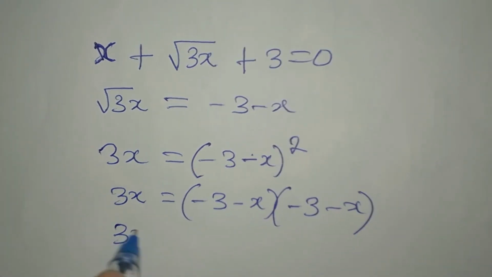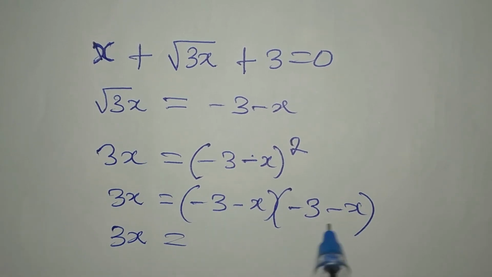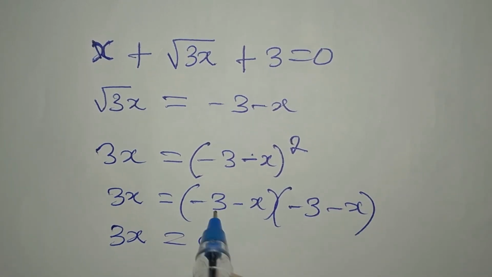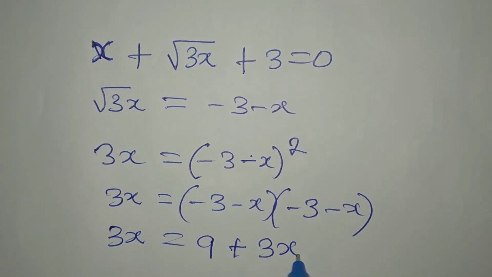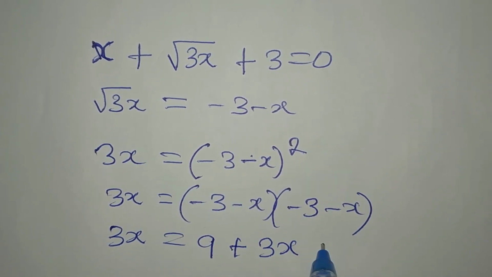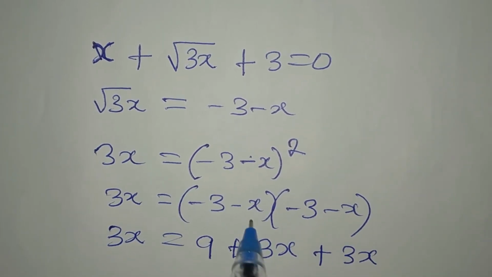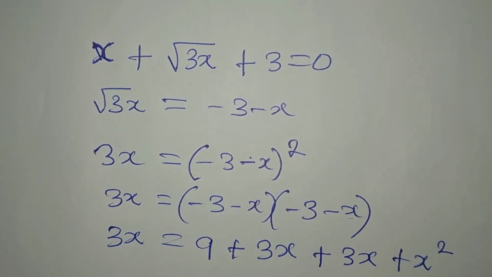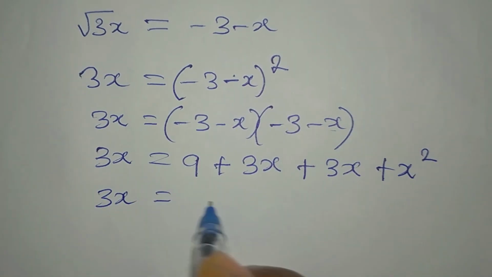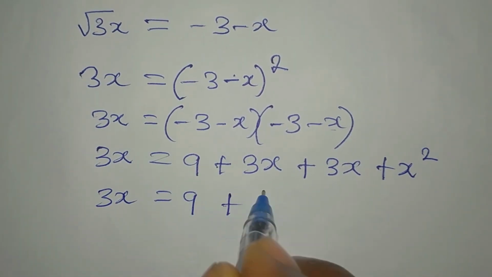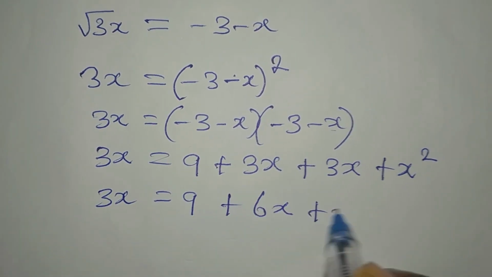Now 3x is equal to minus 3 times minus 3 is 9. Minus 3 times minus x is plus 3x. Minus x times minus 3 is plus 3x, and this times this will give us plus x squared. Now what do I do? 3x will be equal to 9 plus 6x plus x squared.